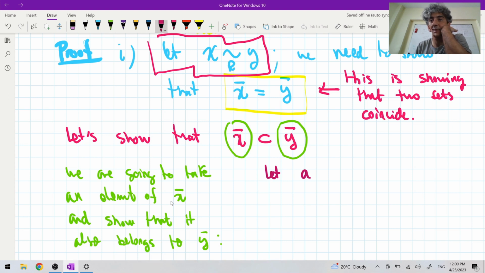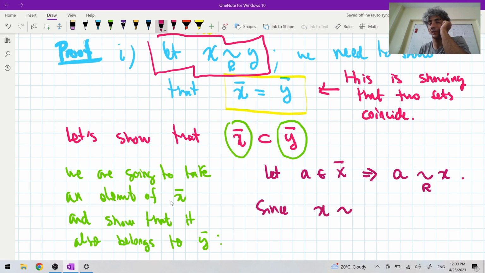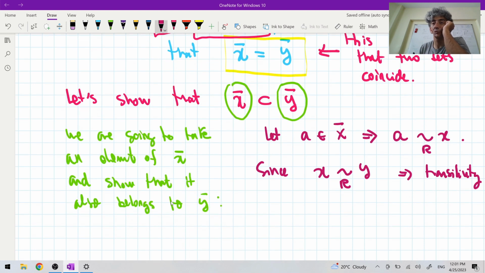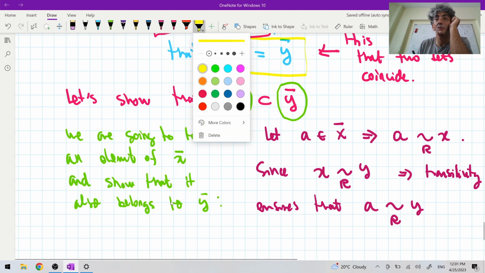Let A belong to the class of X. So this means that A is related to X. Since by hypothesis X is related to Y, then transitivity ensures that A is related to Y. That's what transitivity does.